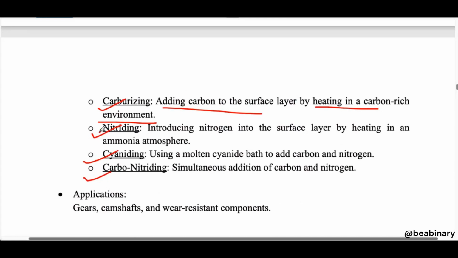In the same way, what is nitriding? Introducing nitrogen into the surface layer by heating in an ammonia atmosphere.